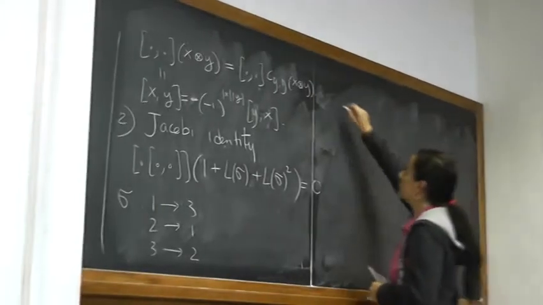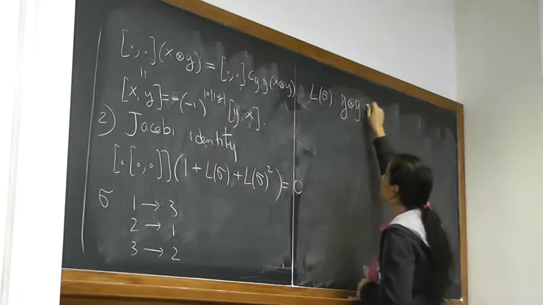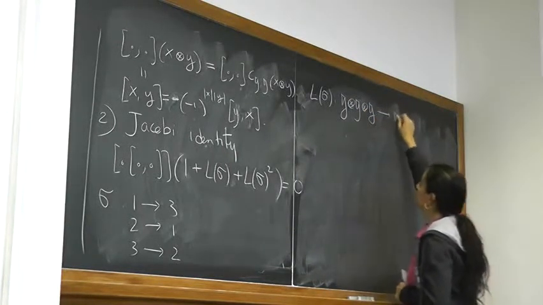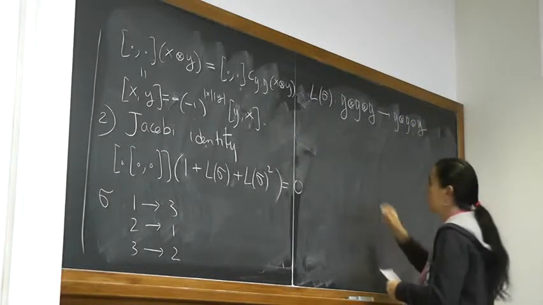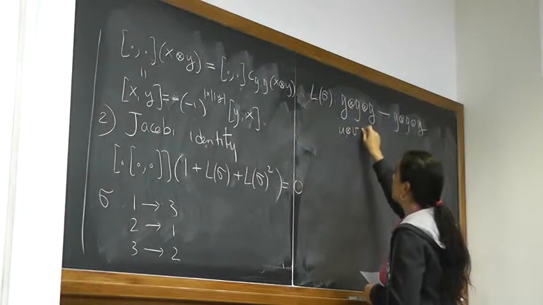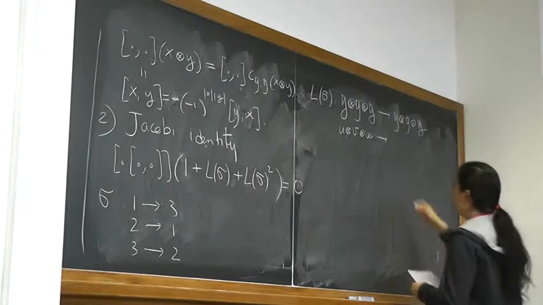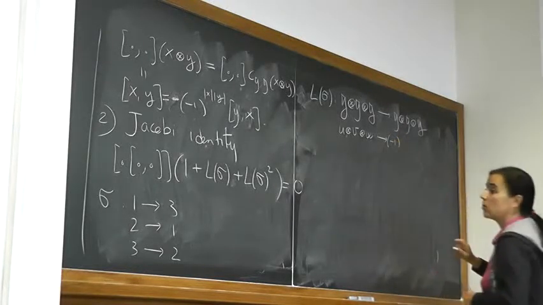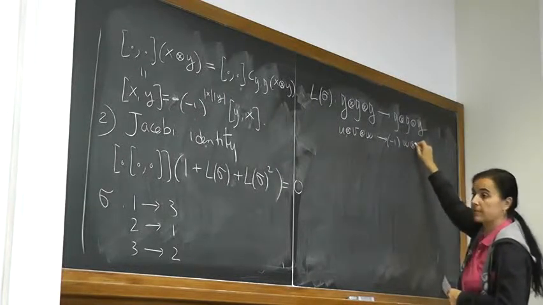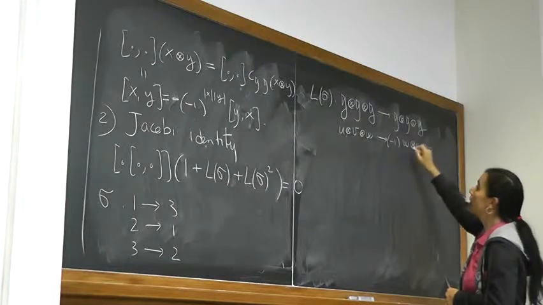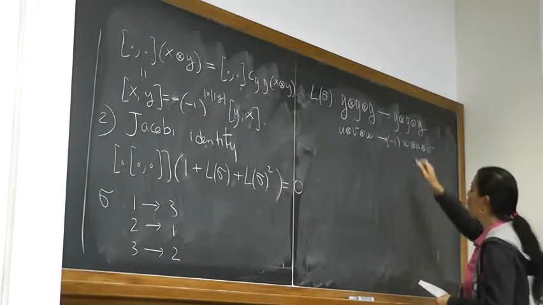So sigma takes U times V times W to minus 1 times U times V, and here I should put the parity.